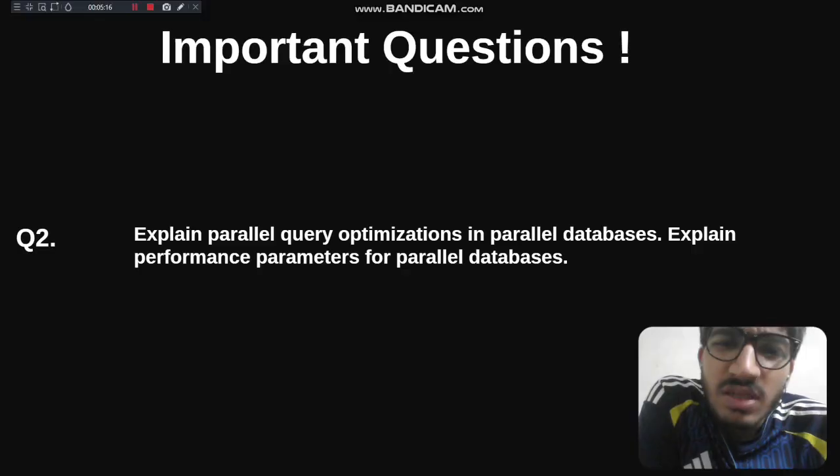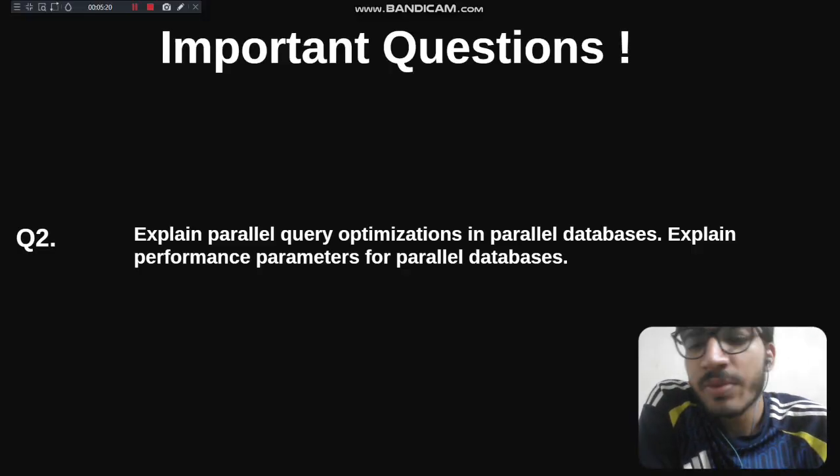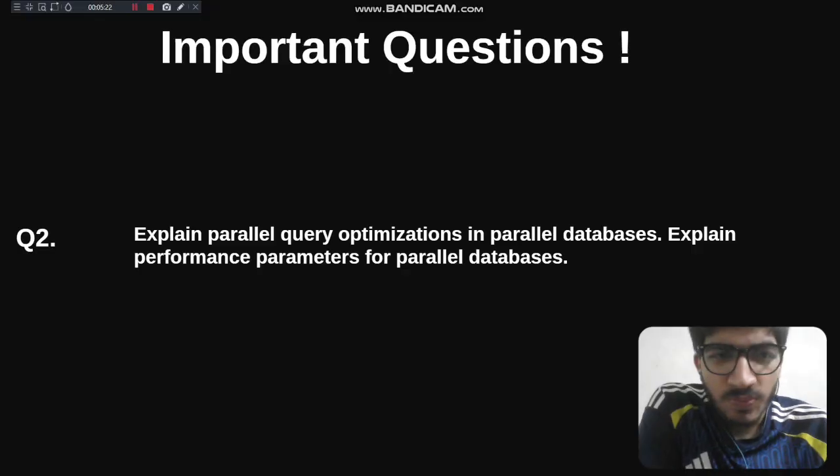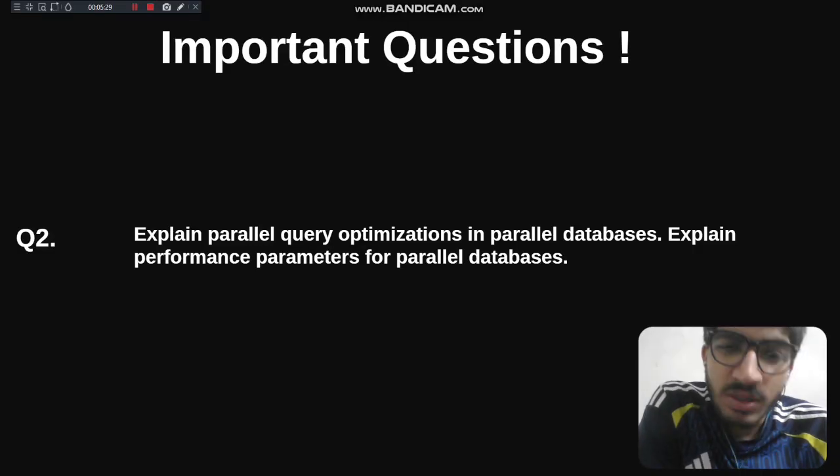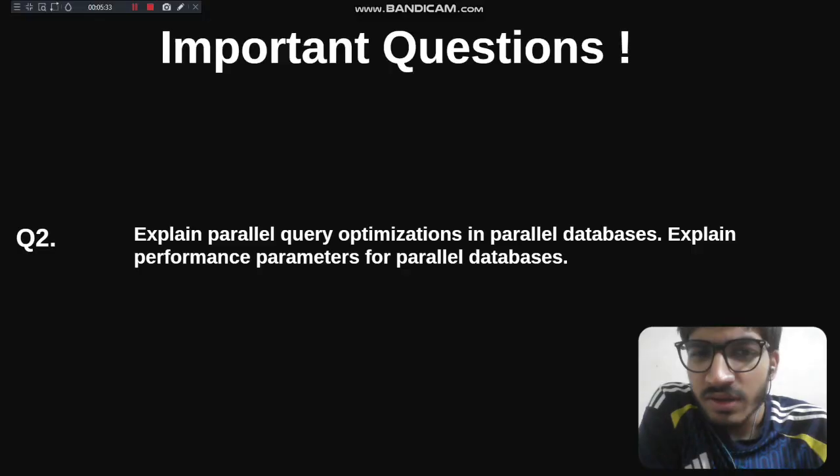Speed up measures how much faster a task runs on multiple processors compared to a single processor. Speed up is equal to time on a single processor divided by time on n processors. Ideal speedup is linear, that is 4 processors should work 4x faster, and real speedup is usually less due to overheads.